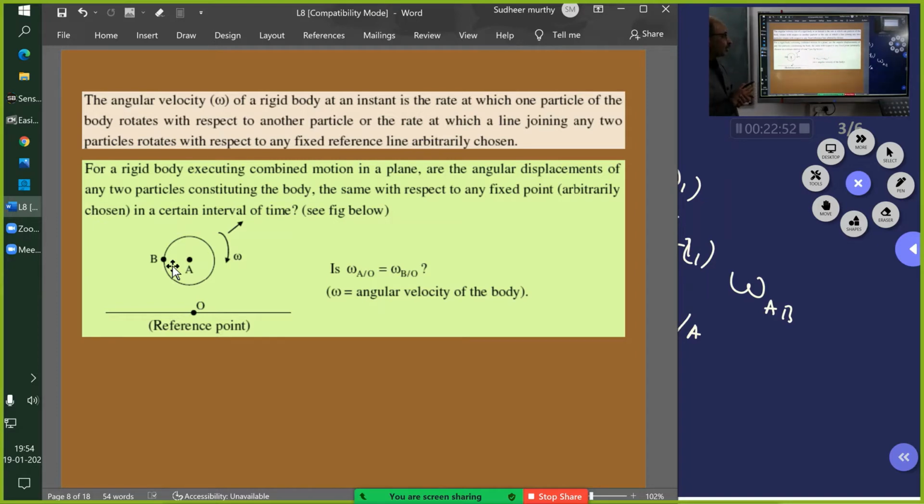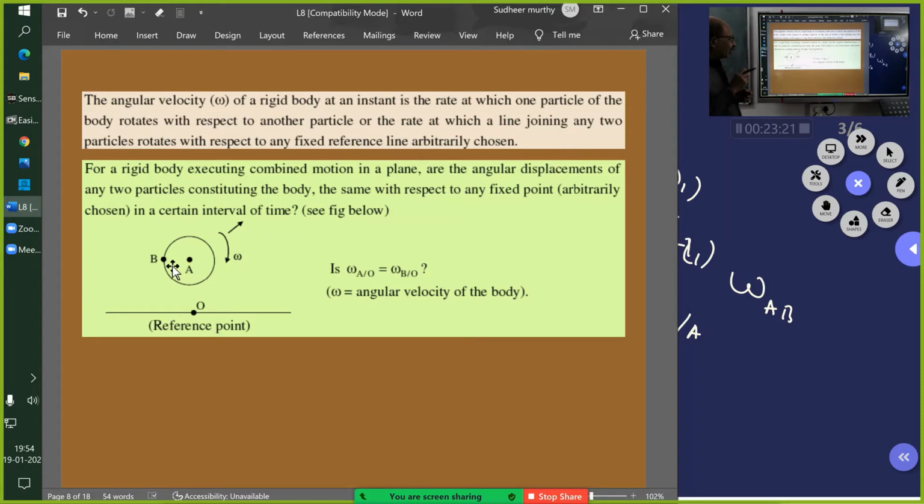So the line joining OB will now become OB dash, and the line joining OA will become OA dash. If OB is making theta 1, then OB dash will become theta 1 dash. And OA is theta 2, and OA dash will become theta 2 dash.